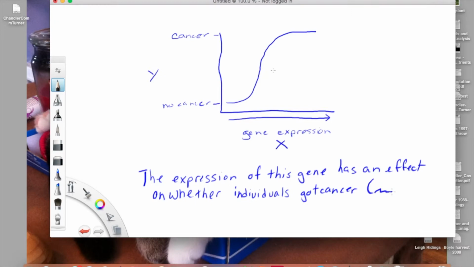And of course we want to have our test statistic and our p-value, but this is theoretical, so we don't know that.